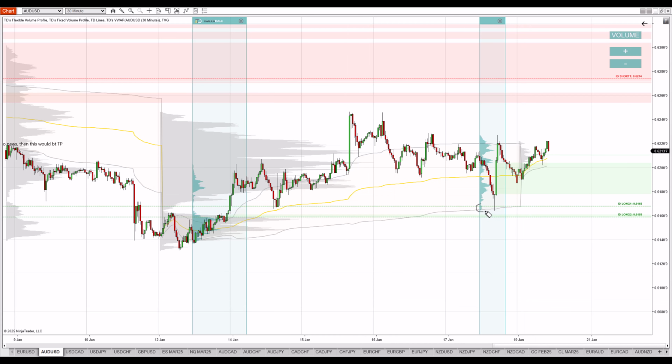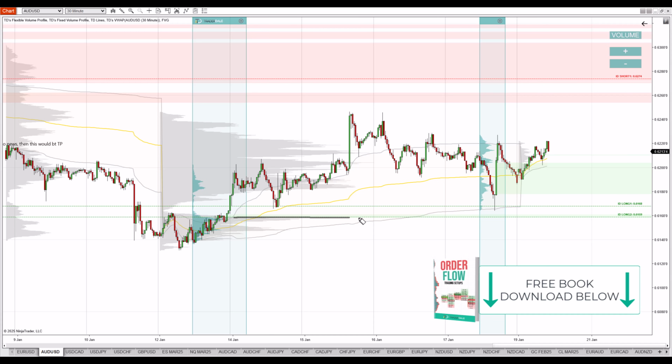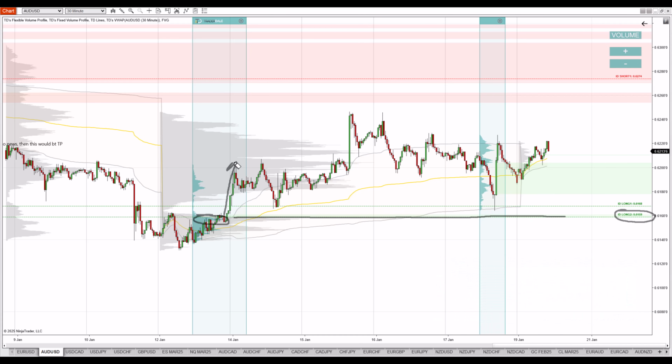So this signifies a place where buyers were active when reversing the price from sell-off into this new aggressive buying activity. So if there is a pullback, chances are that there'll be a reaction. Now, as you can see a little below that, there's another support level, this one, at 0.6159. This one is based on those heavy volumes which formed before this strong buying activity right here.